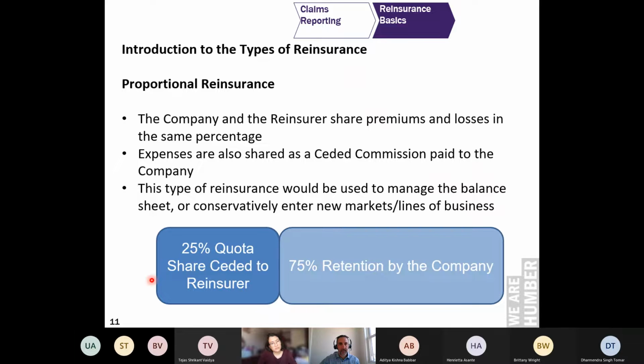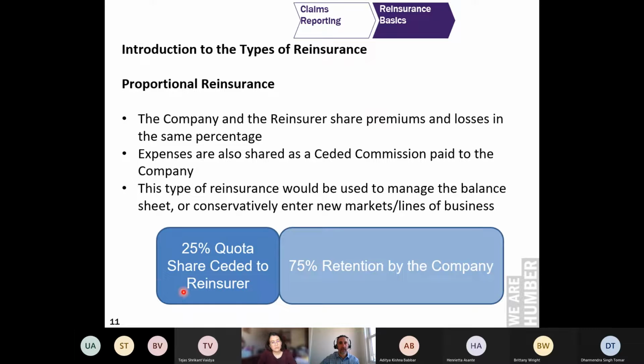So if you go up to 1 million, 25% is ceded and the company keeps 75%. The 100% amount is the gross amount. We're going to cede off 25 and then the company keeps 75 net.